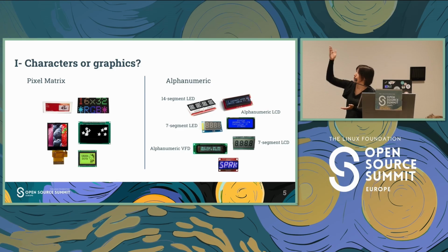So you have the alphanumeric LCDs, and also the segment LCD and LED, something called 14 segment, that's like 7 segments, but for displaying more characters. It kind of looks old school, but they're still everywhere if you look around you in electrical appliances, measurement systems, and a lot of devices still use them.